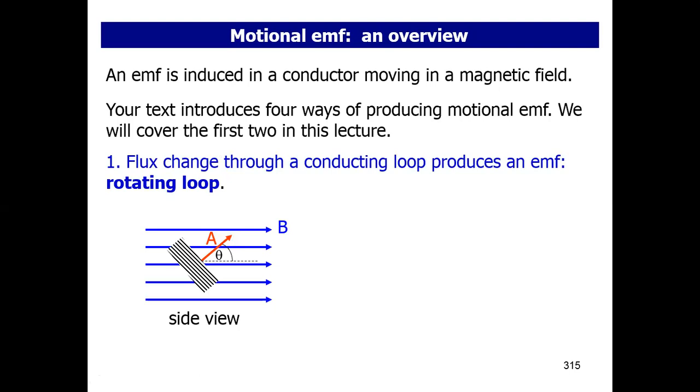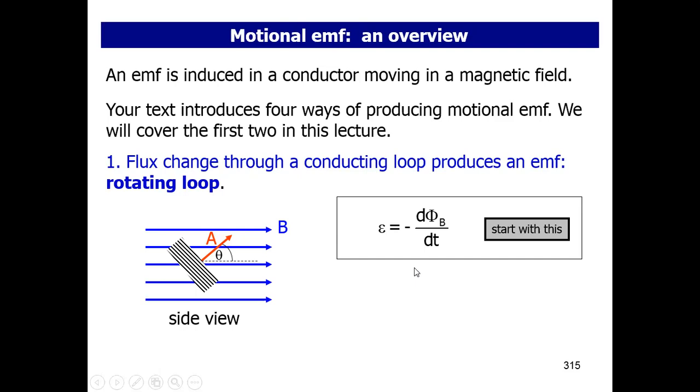Now let us see. Questions have been asked on this in the GATE also, and it is important. So what is this motional EMF? You will see very quickly. We know that the EMF is minus d phi B by dt, right? Now a conducting loop is rotating in a magnetic field. As you can see in the figure, these are the magnetic field lines.